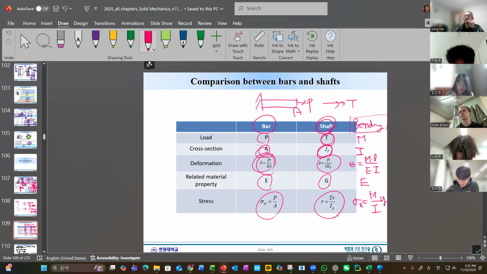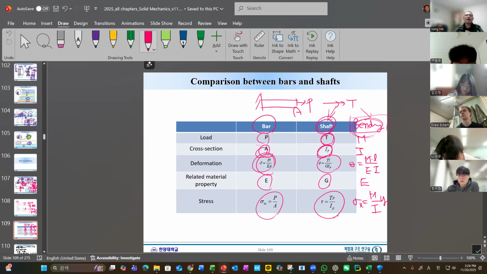This is an important statement. We studied the shaft. Now bending theory gets clearer than before. So studying the shaft helps us to understand bending.